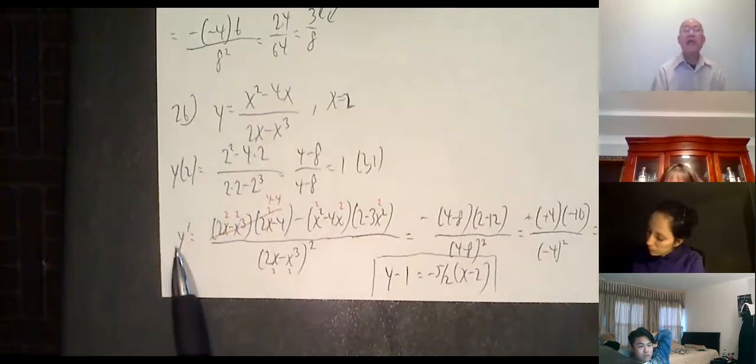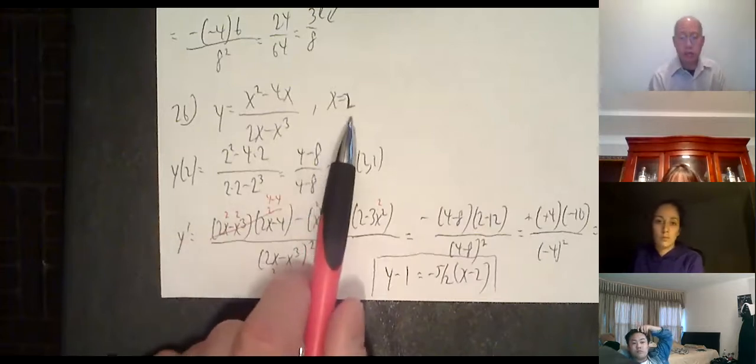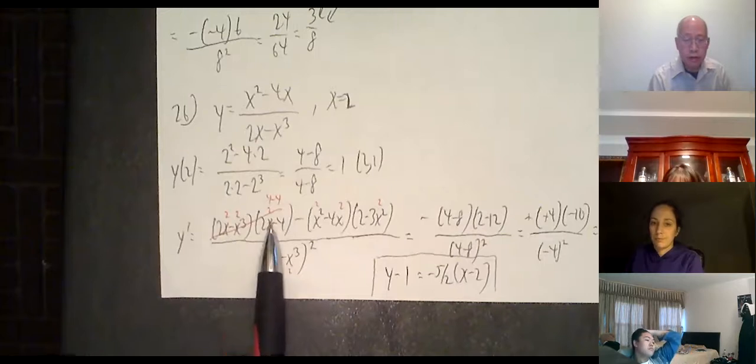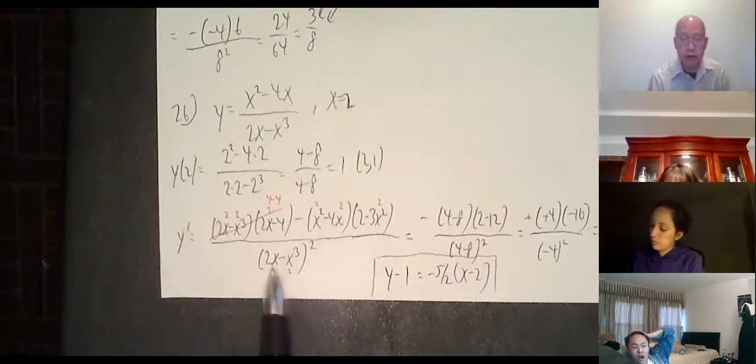So that's the derivative anywhere. Now I want the derivative at x equals 2. So now I plug in 2 everywhere. Put a 2 there, there, there. So that's what all these 2's here in red are. Put a 2 there, there, there, there, and there.